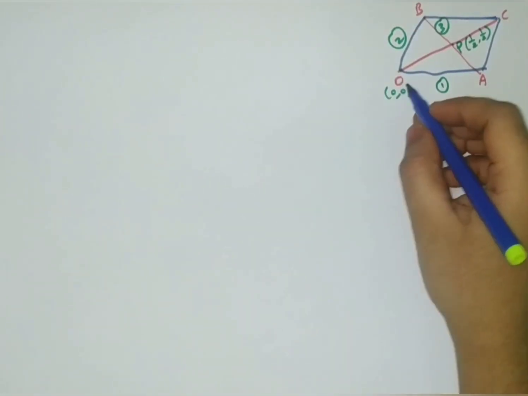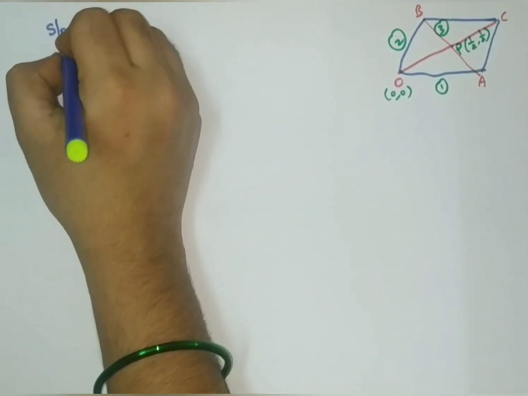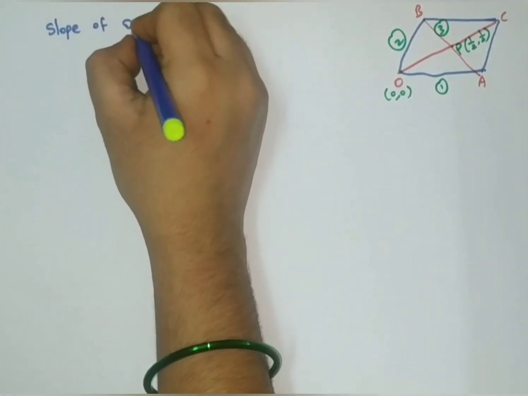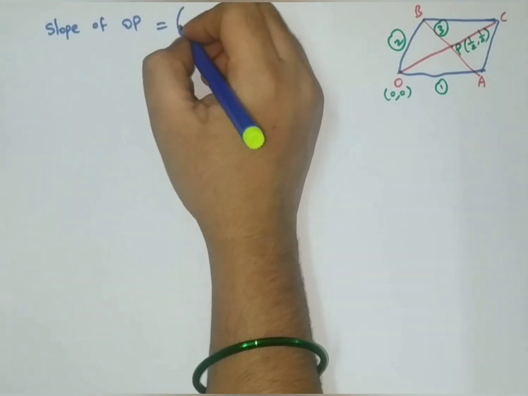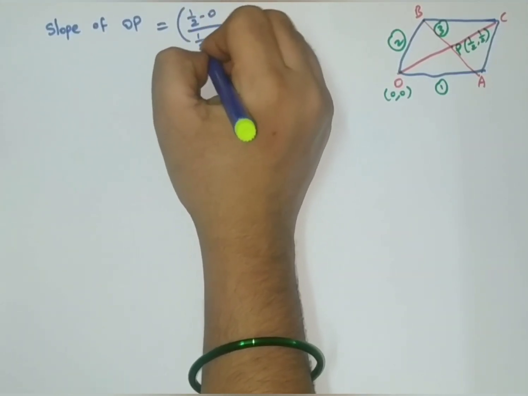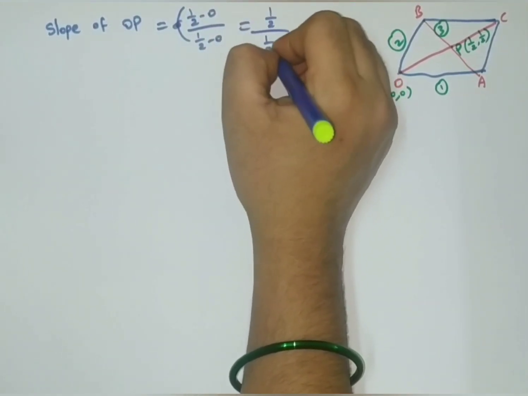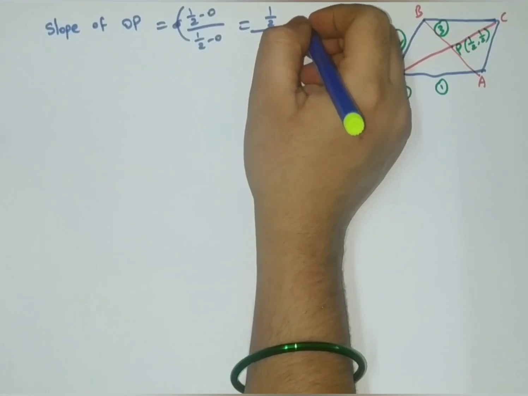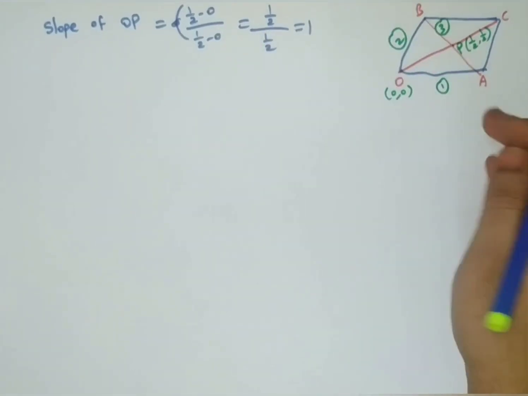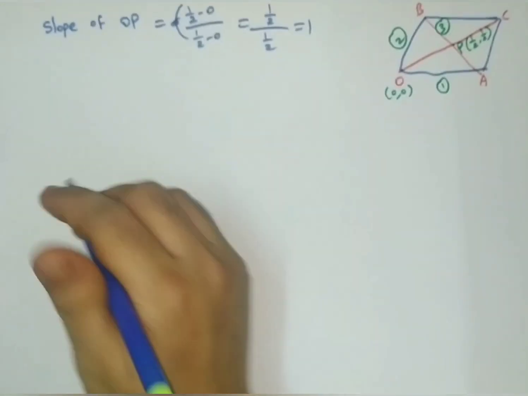Now we have the point O and the point P. We are able to calculate the slope of OP. Slope of OP is y2 minus y1 by x2 minus x1, that is 1 by 2 minus 0 by 1 by 2 minus 0. So 1 by 2 by 1 by 2 is equal to 1. Now we got the slope of OP, so we are able to calculate the equation of this line.